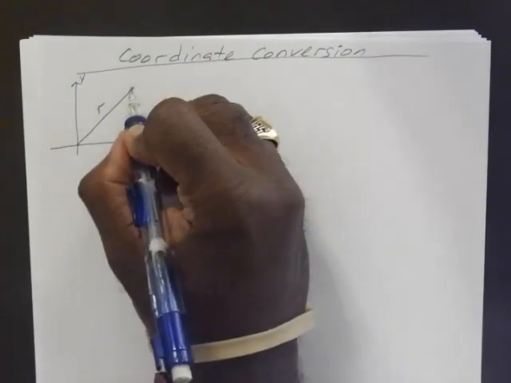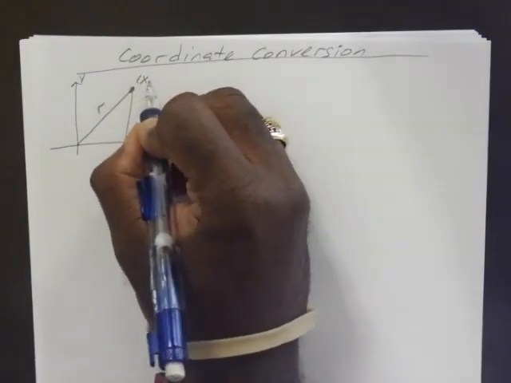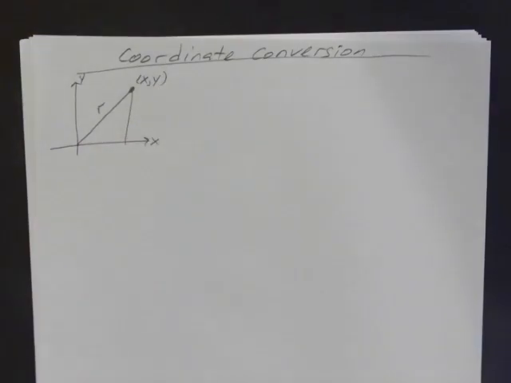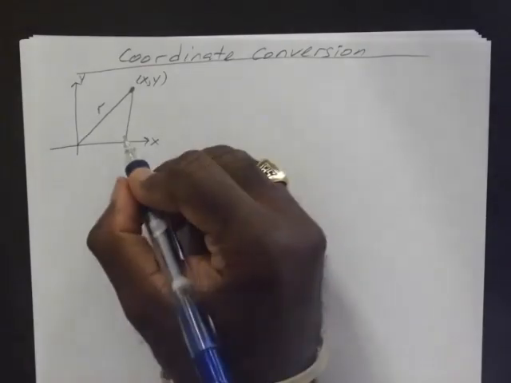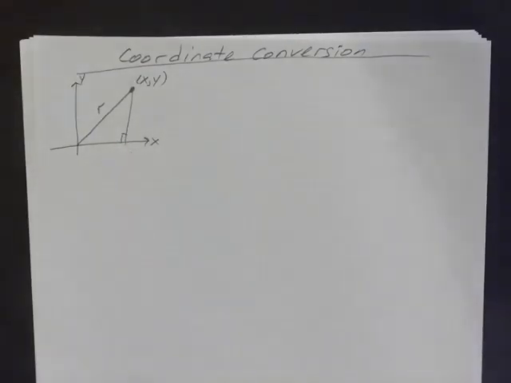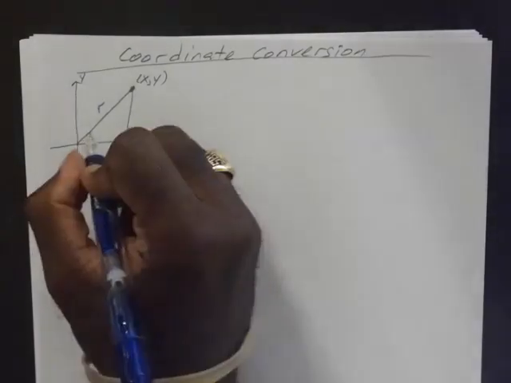And this point here is some ordered pair x, y, so that's our rectangular coordinate. And of course, this is a right triangle. Okay. So this is our angle theta.